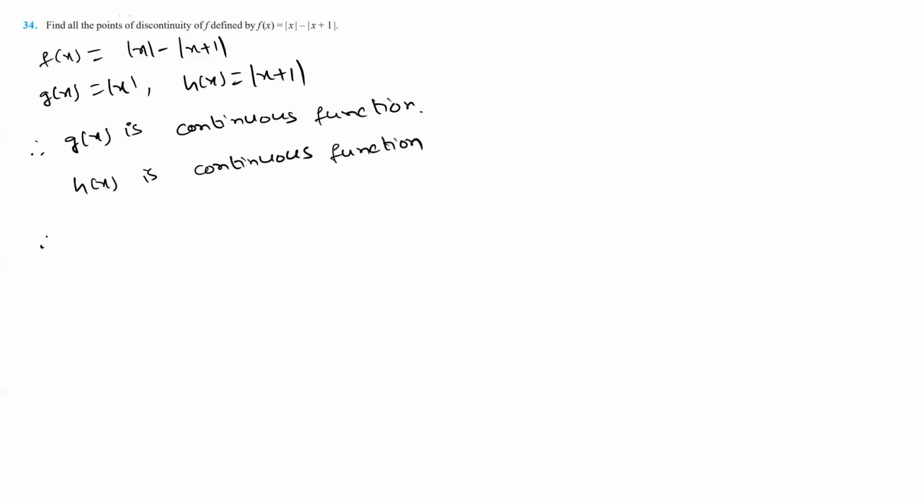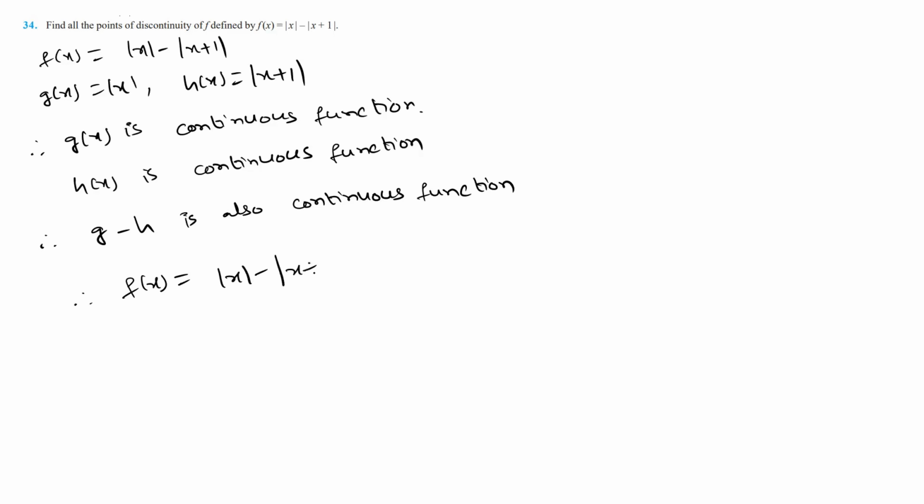Therefore, their subtraction g minus h is also a continuous function. Therefore, f of x is equal to modulus x minus modulus of x plus 1 is a continuous function.